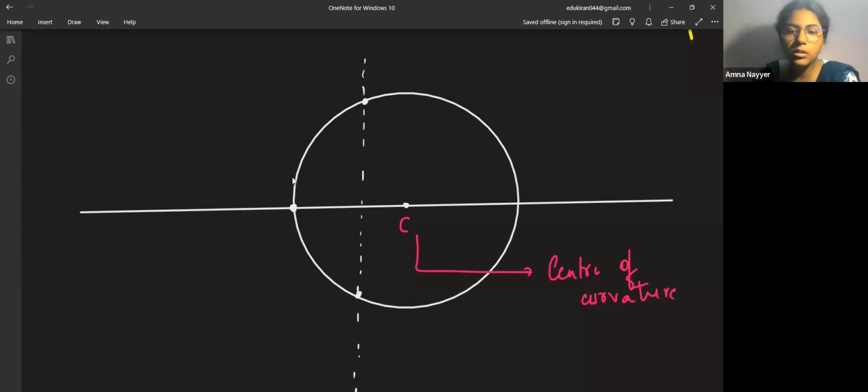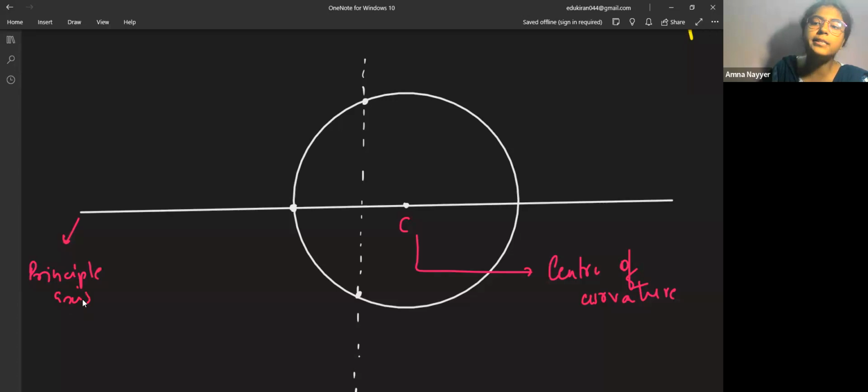Now, first look at this axis. This is a line that is drawn across the diameter of the sphere. This is called the principal axis. This is a very important line for our reference, for the light rays to strike and the images to form. Now, there is a point at which this sphere crosses the principal axis.